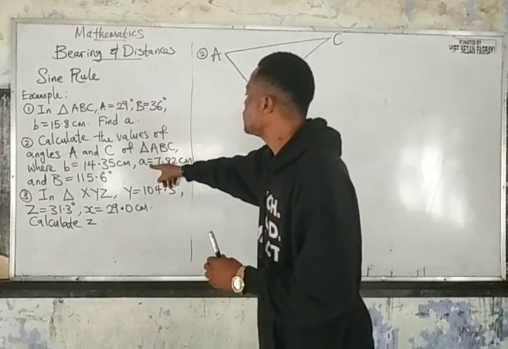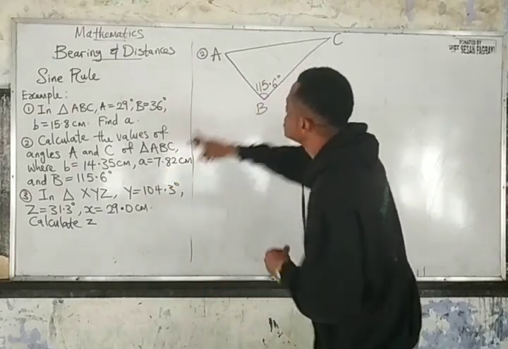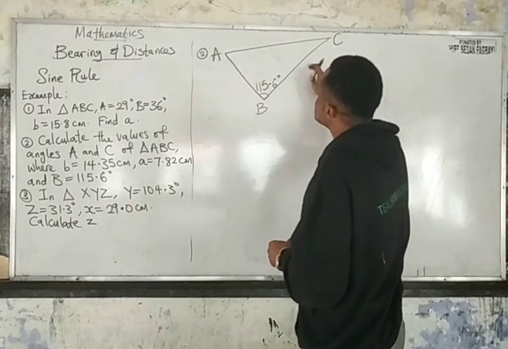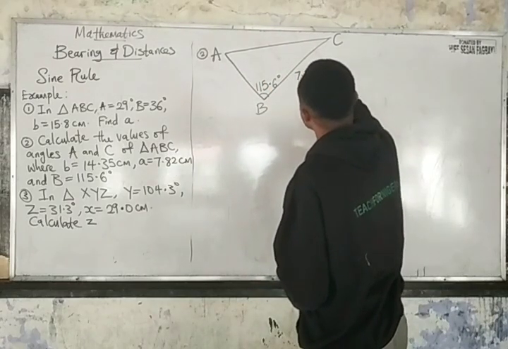The information given to us is that a is 7.82. The small a, this is the opposite side to it. We have 7.82 centimeters.